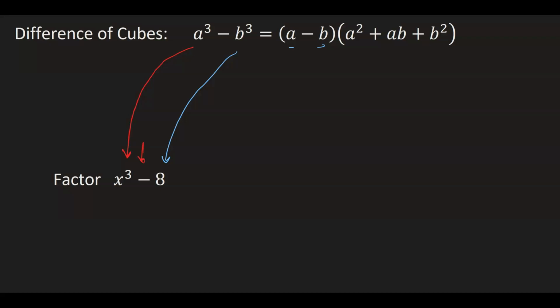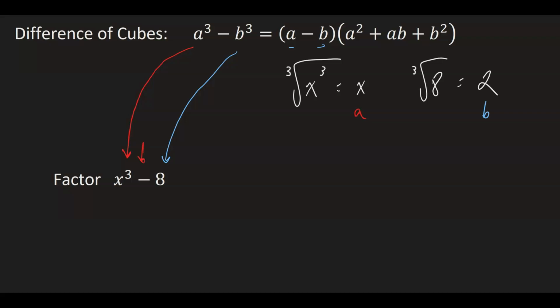For the first term, x cubed, if we cube root x cubed, we get x. And for the second one, 8, if I cube root 8, I get 2. It's a perfect cube. So now we know that this will be our a, and this will be our b.